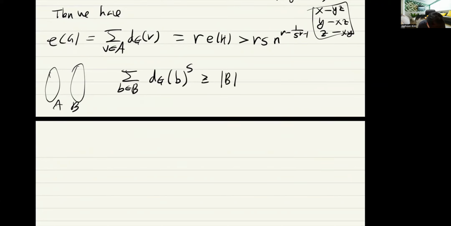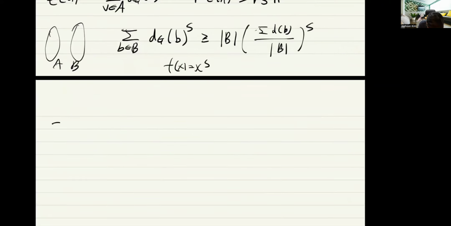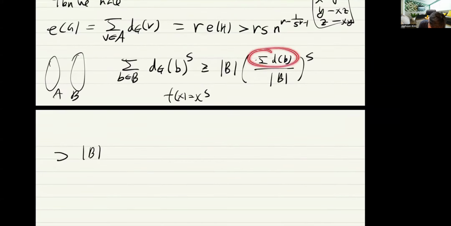And by using convexity of this function again, we have this. And what do we know? We know that this degree sum on the bipartite graph, this and this are the same.